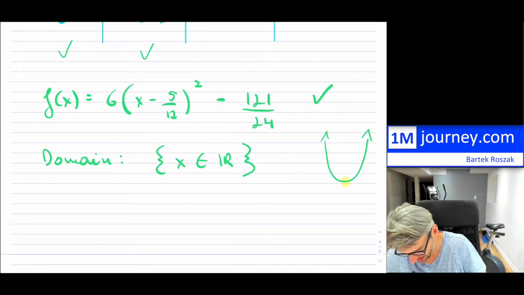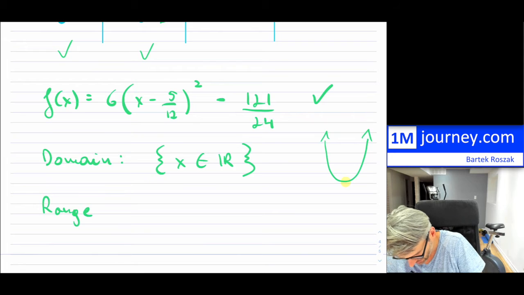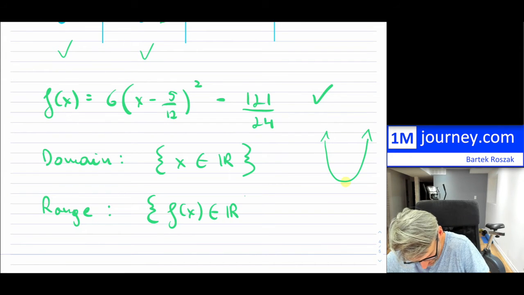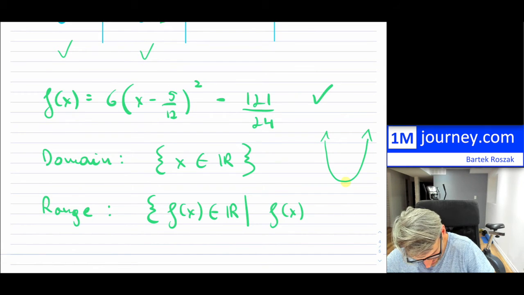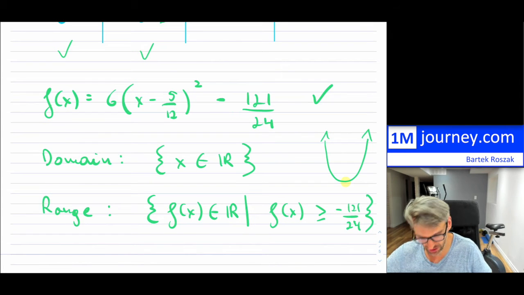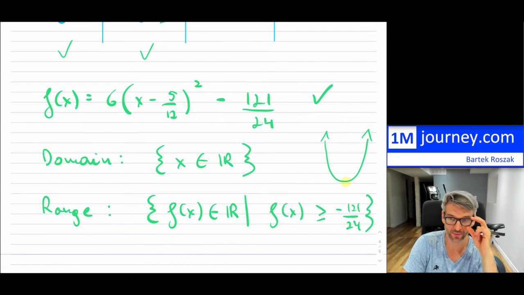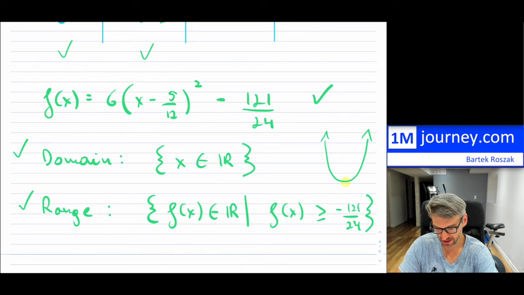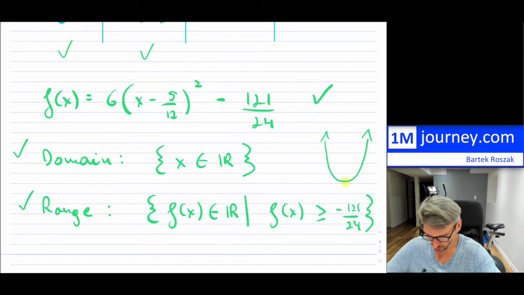So for this, our f of x is all these real numbers, but we are restricted that f of x will have to be greater than or equal to the minimum, which is negative 121 over 24. It cannot be below it because that parabola doesn't exist there. Okay, so that's the domain, and this is the range for this particular quadratic. So that's super useful to have it in vertex form.